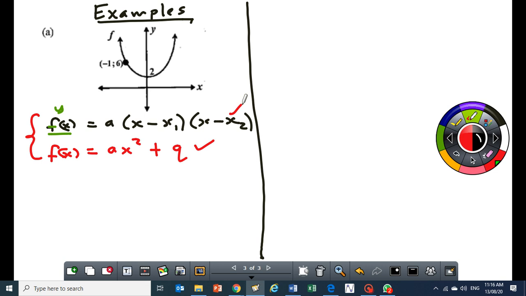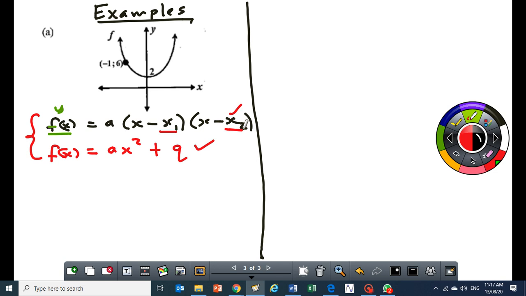Okay, so for our question now, if you look at it, we don't have x1, we don't have x2 because the graph does not touch the x-axis. I hope you can all see that. Because of that, we can't use the first one because we don't know what x1 is, what x2 is. It means we have to use the second equation, which you know from the beginning of the topic on the quadratic function.